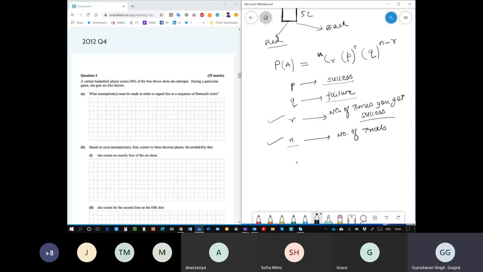Now, one more important thing about this is that the probability of success plus the probability of failure should be equal to 1. So either it will be favorable to your event, or it will be unfavorable to your event.